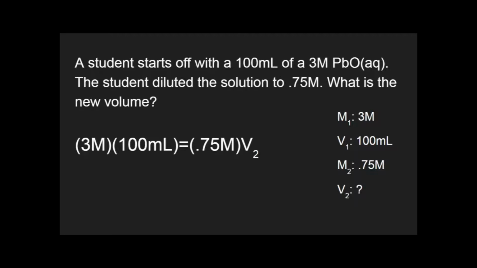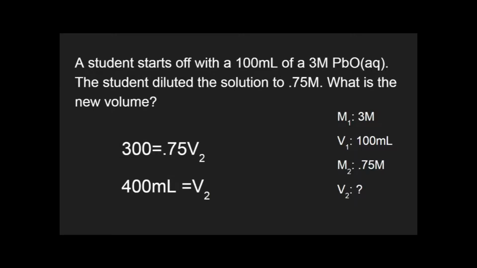You'll notice how I plugged in with units. We don't need to keep the units through the whole question, but when we initially plug in, we want to make sure those units are there to get full credit. After combining the terms on the left side, we get that 300 equals 0.75 times the new volume. Then we divide by 0.75 to get the new volume alone, and dividing 300 by 0.75, we get that the new volume of the solution would be 400 milliliters.